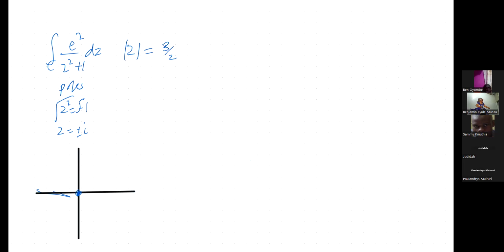We draw this circle like that. This is our imaginary axis and this is our real axis. So where is i? i is somewhere here, and the other one is minus i. You can see that the 2 points lie on the circle.